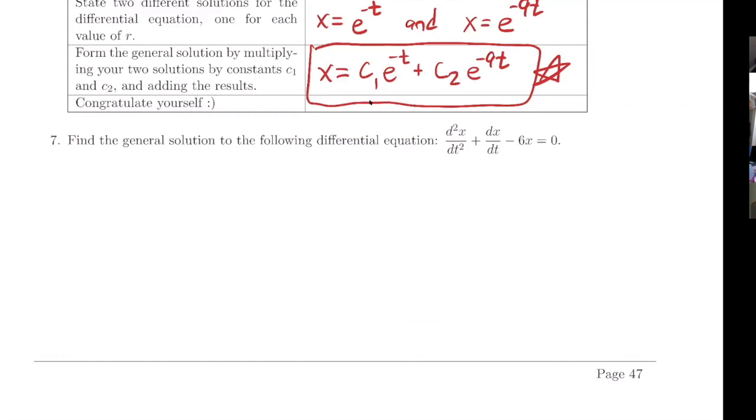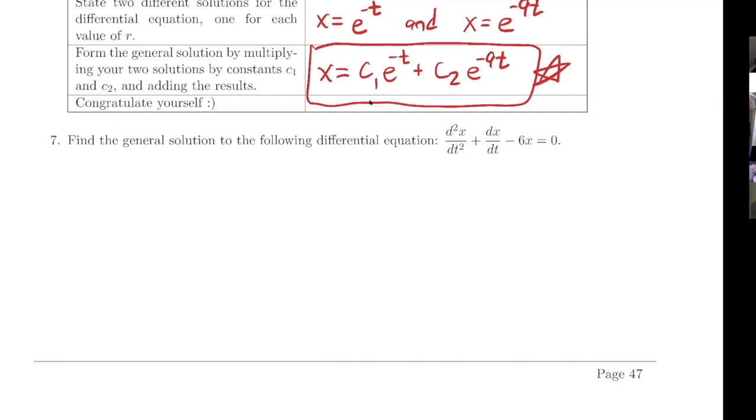If you were doing it. Identify the coefficients. Yeah, set up the characteristic polynomial. Yep, thanks for sending in your chats as well.